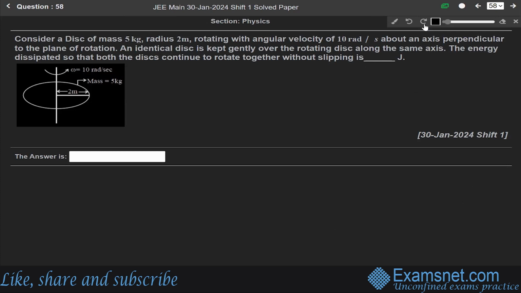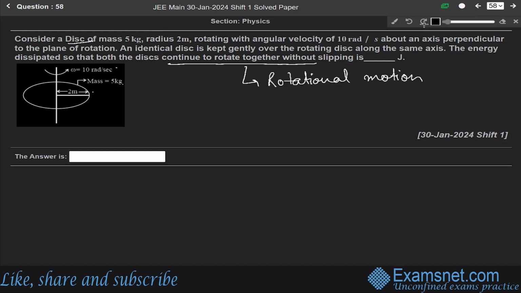Find the energy dissipated so that both the disks continue to rotate together without slipping. Okay. So this question is from the chapter of rotational motion. According to this question, at first there is a disk whose mass is 5 kg, radius is 2 meter, and its angular velocity is 10 radian per second.